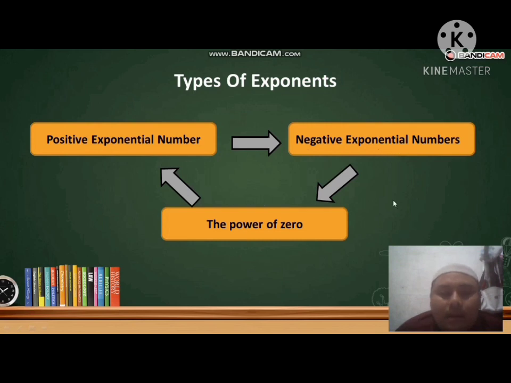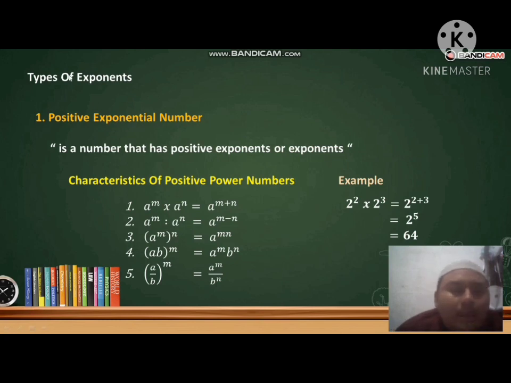Number 3, the power of 0. Okay friends, the next is the definition of each of the types of exponents.